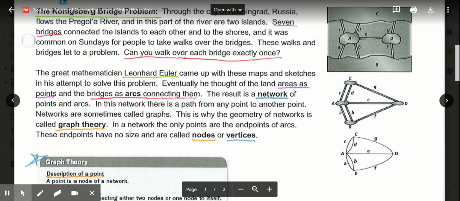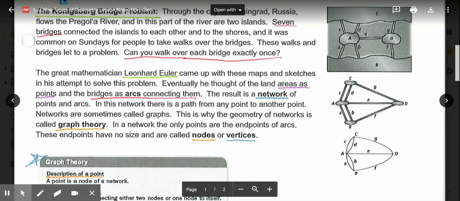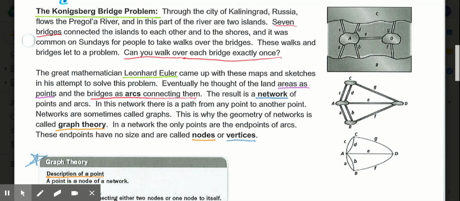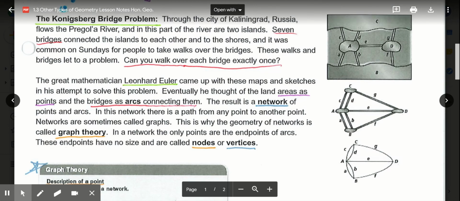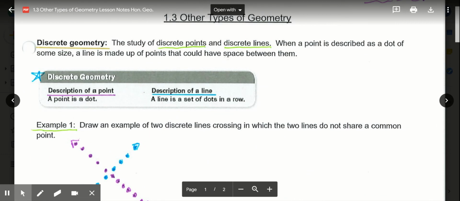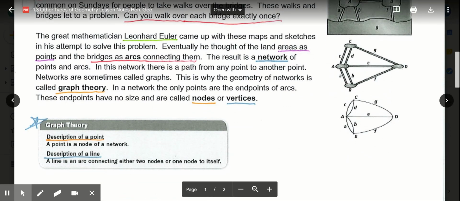In this network, there is a path from any point to another point. Networks can also sometimes be called graphs. So this geometry of networks became known as the geometry of graph theory. Our first geometry we looked at was discrete geometry. Our second geometry we're looking at is graph theory.